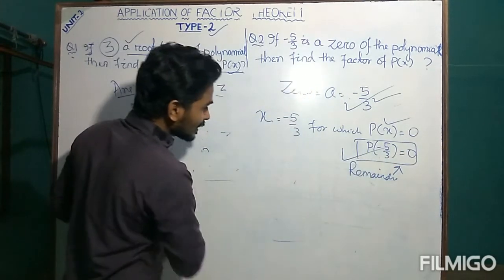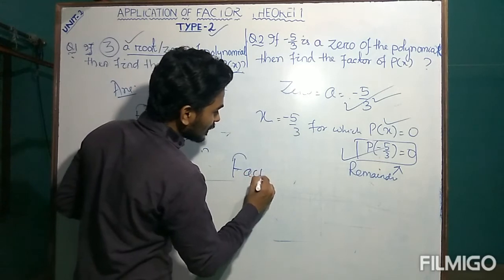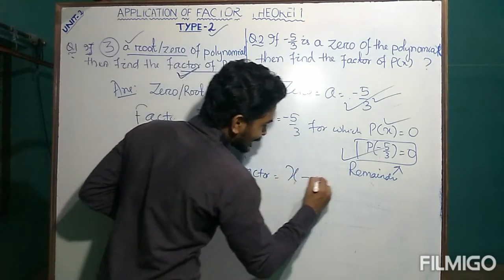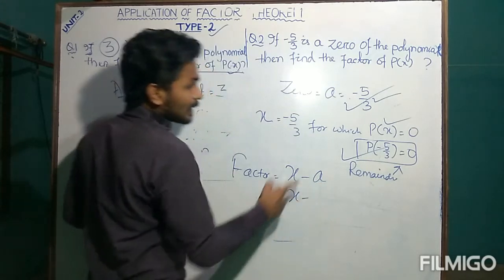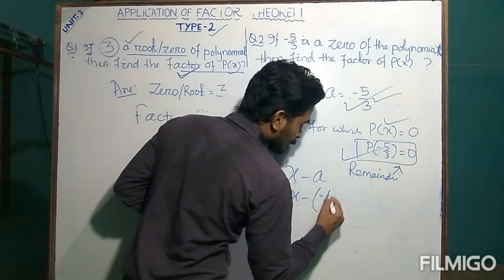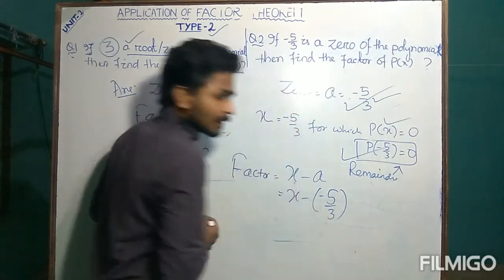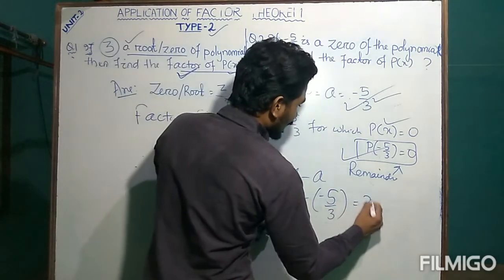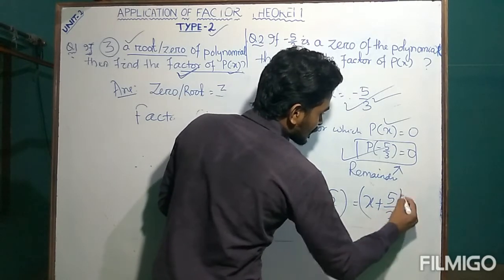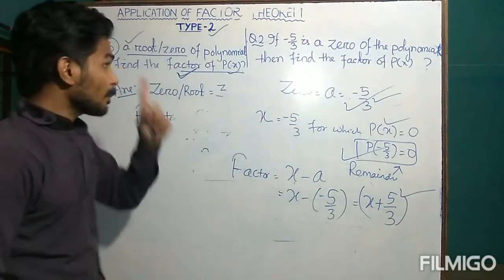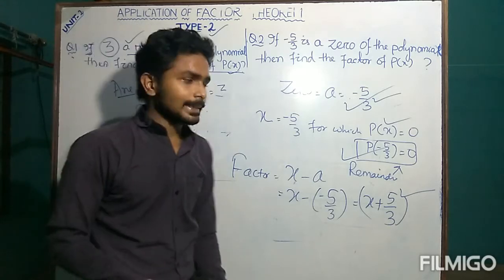Hence the factor is x minus a. In the place of a you can put minus 5 by 3, so it will be x plus 5 by 3. This is the factor of the polynomial P of x.